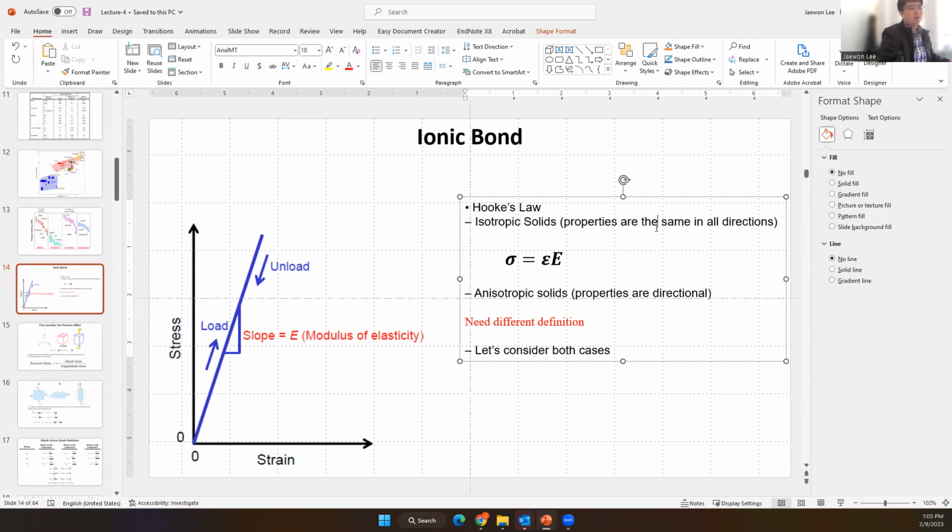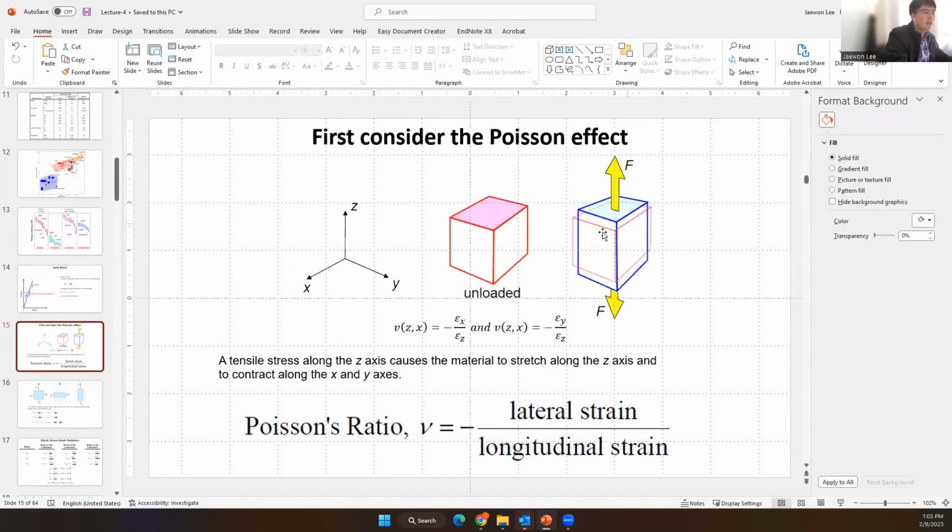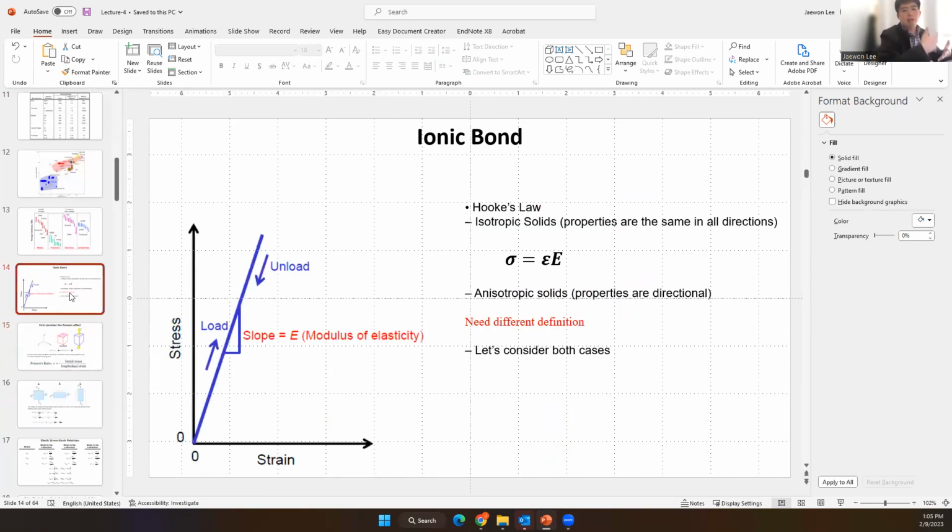An isotropic solid has elastic modulus properties that are exactly the same in all directions, whether XX, YY, ZZ, or XY. So in this square, this space, and this space, it has the same properties.